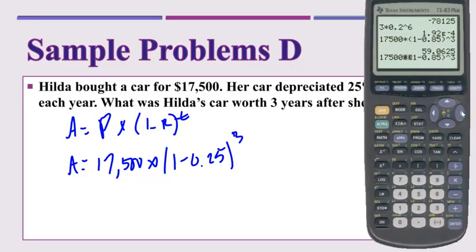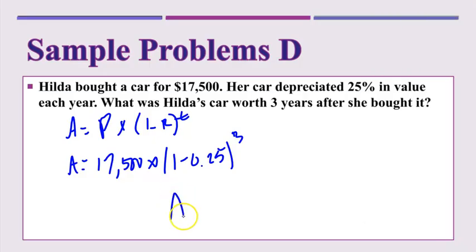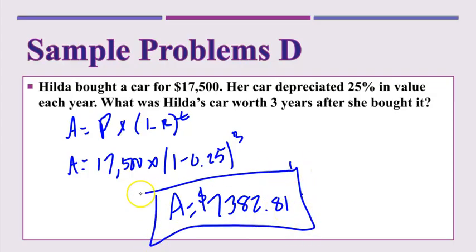If I did the 1 minus, this would be 1 minus 0.25. Then hit enter. There you would have it, $7,382.81, and that would be the value of the car after 3 years. So that is our lesson on geometric sequences.